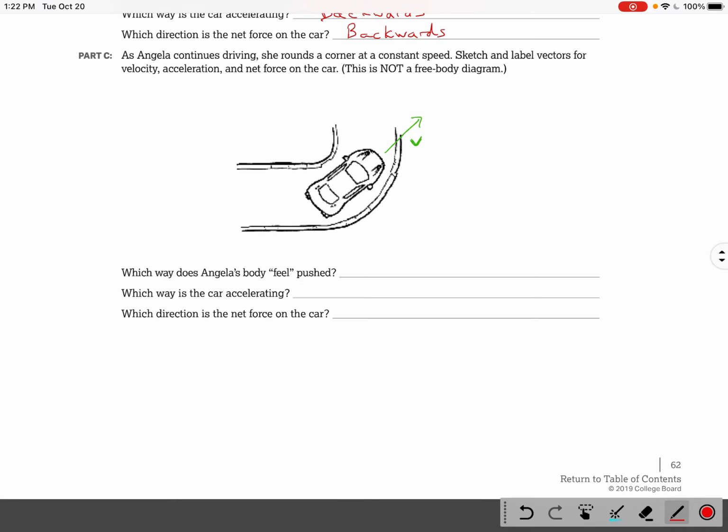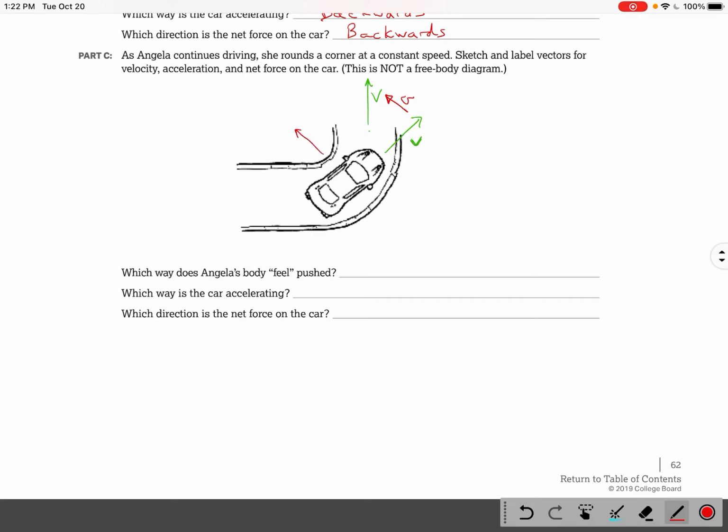What we find is that if we are going to change our velocity from that direction to this direction as we round the curve, we are going to need a force that is in the proper direction to get an acceleration or a change of velocity in that direction.